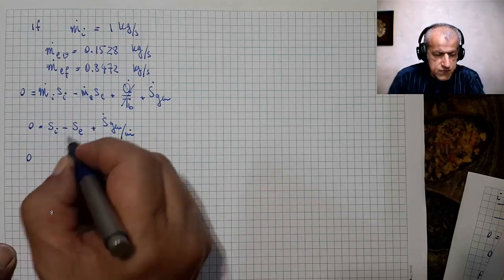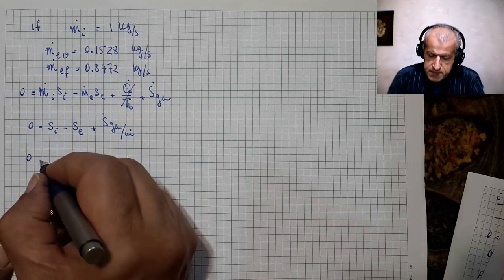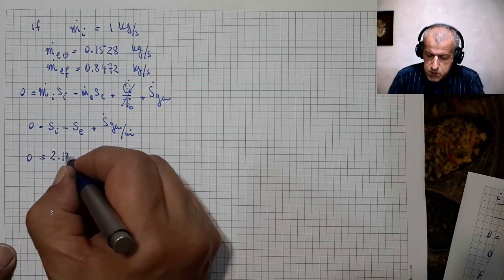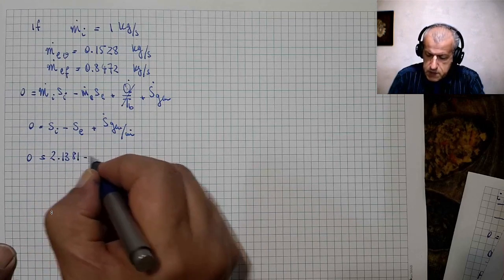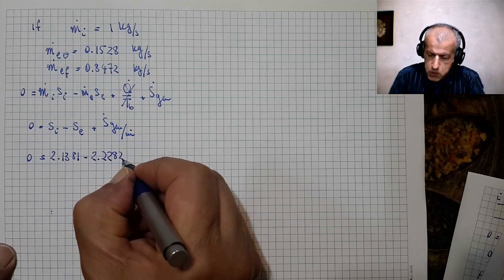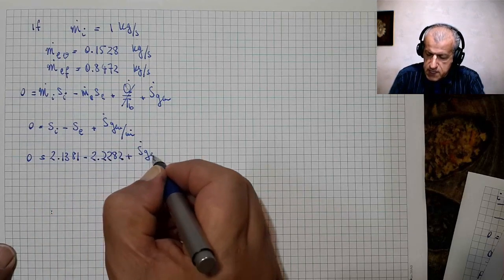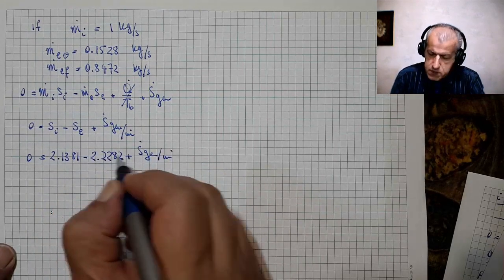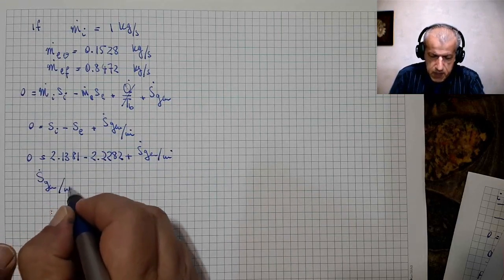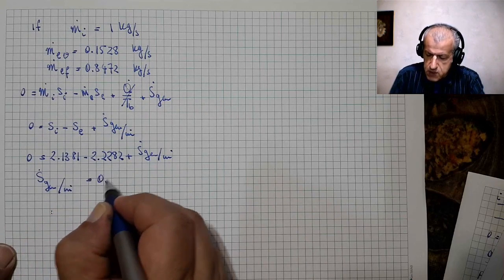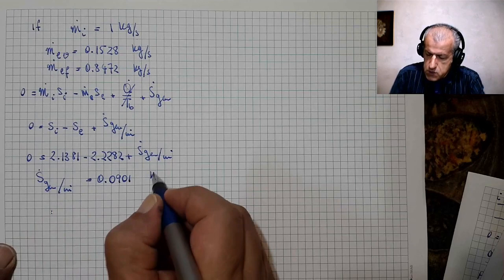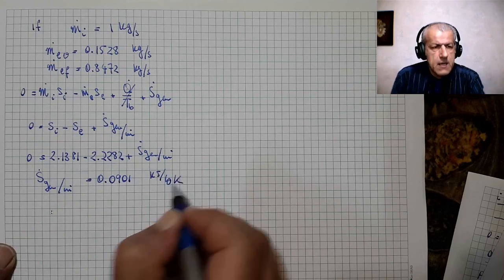And we have values for Si and Se. 0 equals 2.1381 minus 2.2282 plus S dot Gen divided by m dot. And the result would be S dot Gen divided by m dot equals 0.0901 kilojoules per kilogram Kelvin.